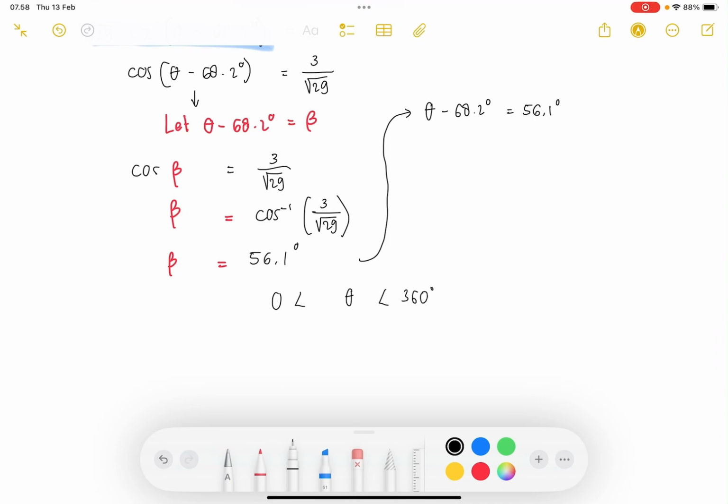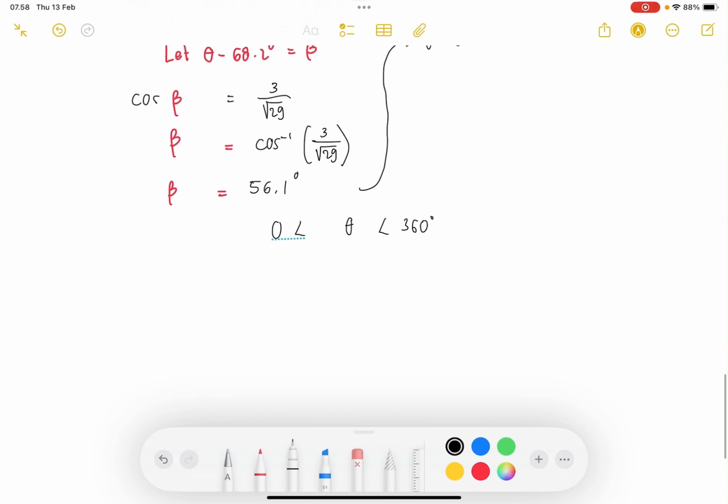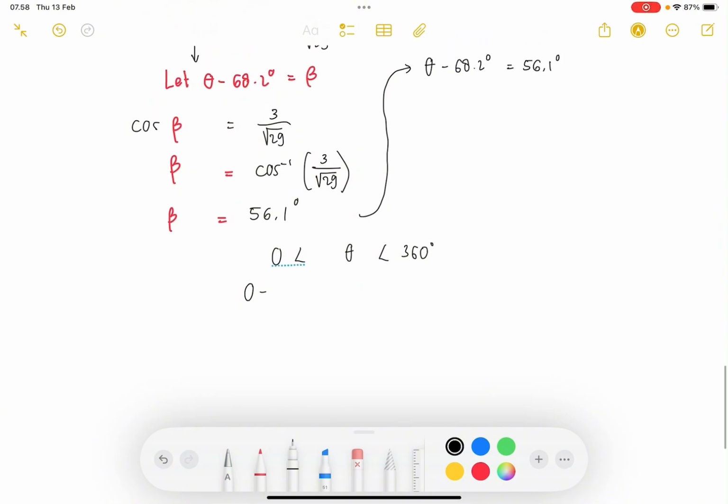But since we have beta already, it's no longer theta only. Then it's going to be 0 minus 68.2 degrees. Why? Because theta was changed into beta.